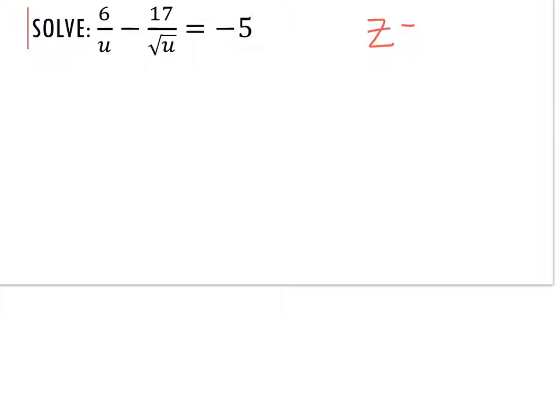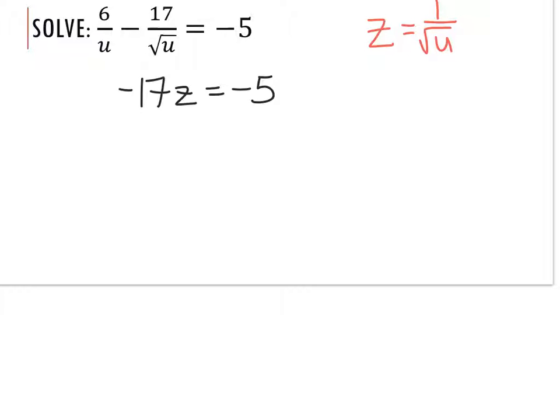Z is going to be equal to, since this radical is on the bottom, 1 over the square root of u. So this piece right here gets to become just z. So instead of 17 all over the square root of u, we have negative 17z.